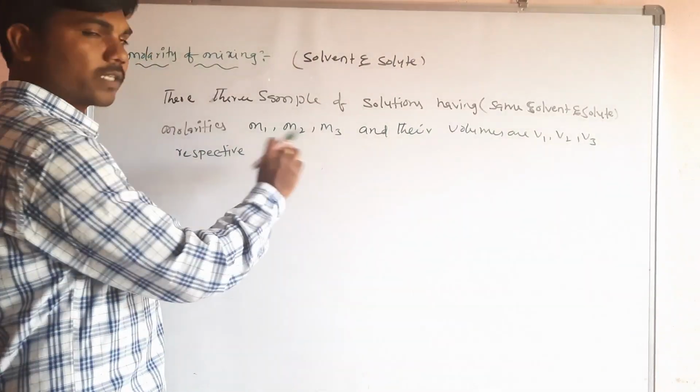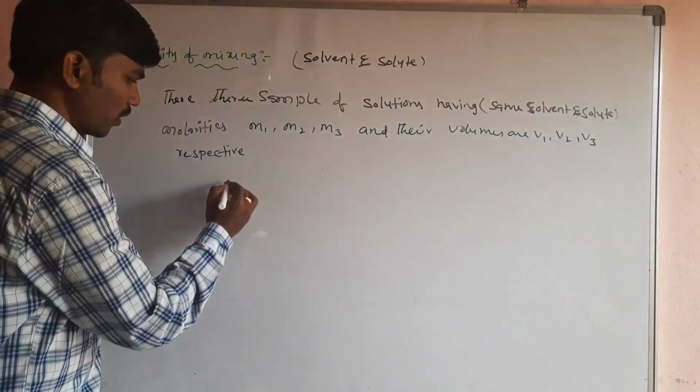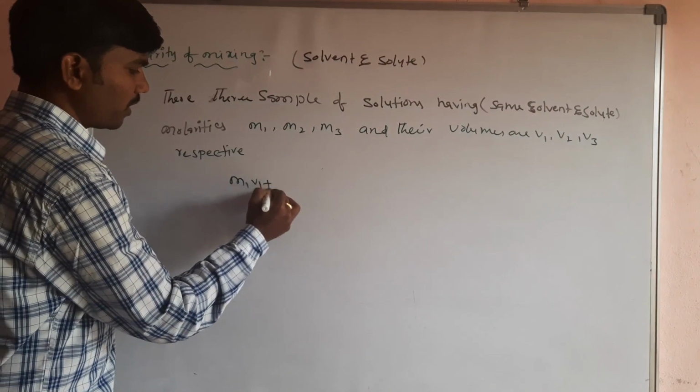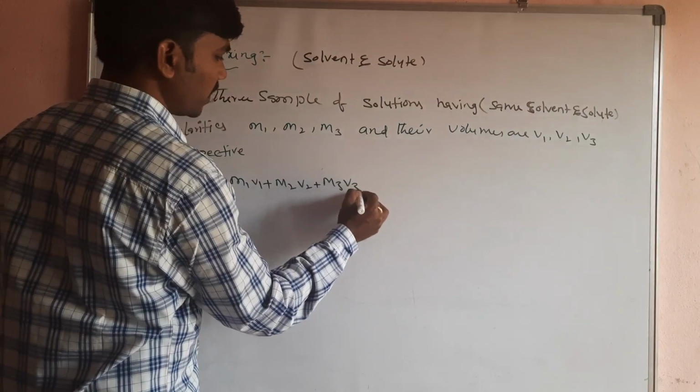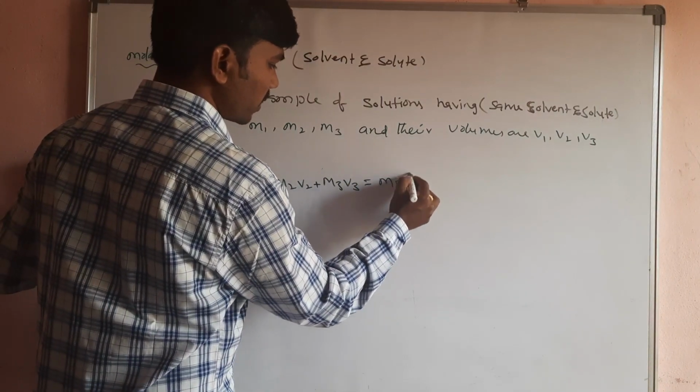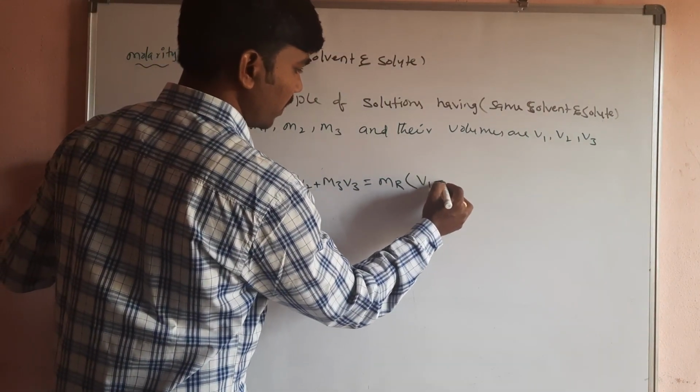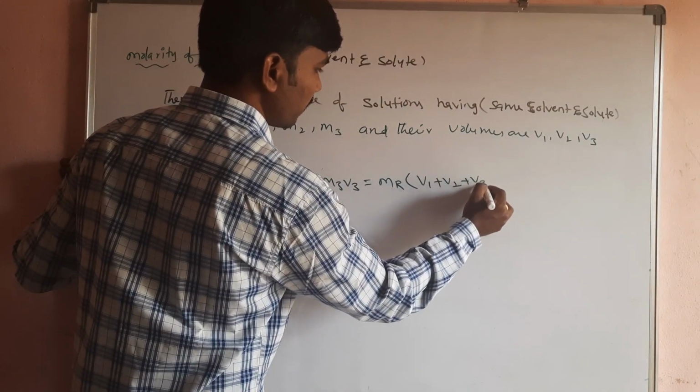These three solutions are mixed. Then we can calculate the resultant molarity MR as M1V1 plus M2V2 plus M3V3, upon V1 plus V2 plus V3.